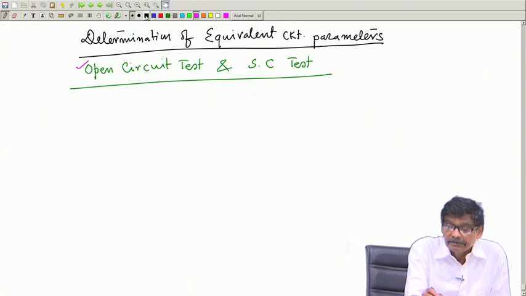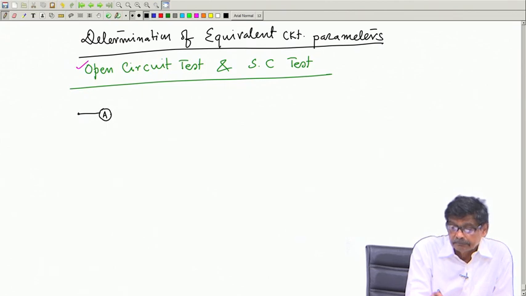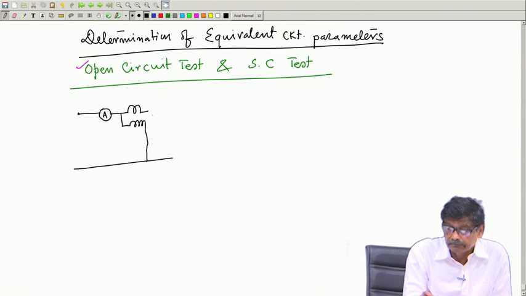What is done? You take the transformer, and connect an ammeter and a wattmeter.